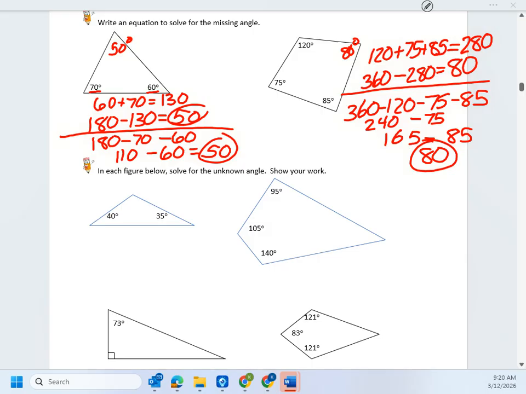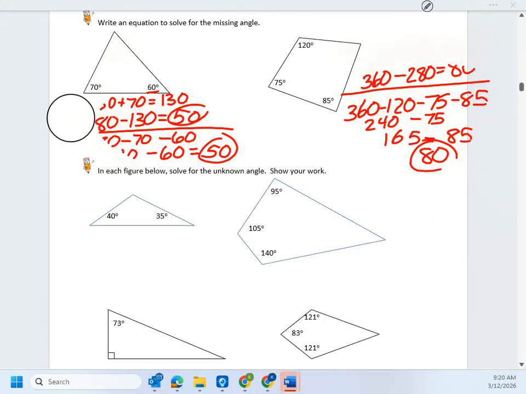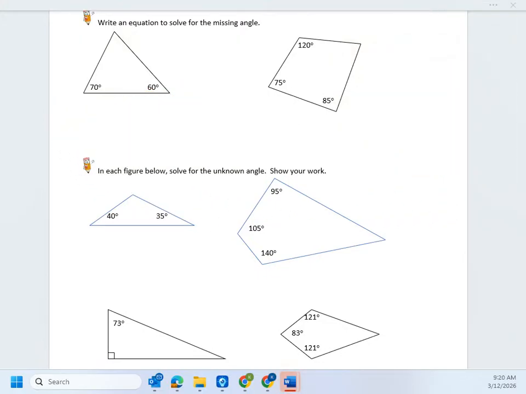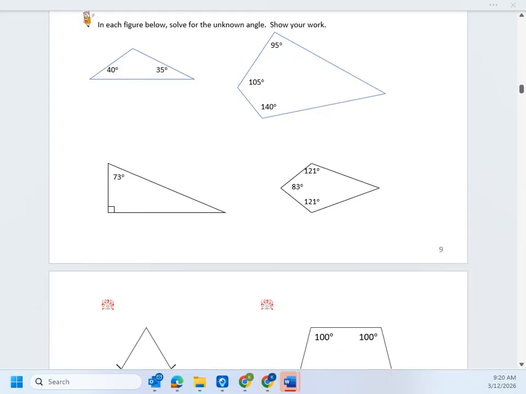So, let me scroll up. In each figure below, we're going to solve for the unknown angle. And you have to show your work. So you have to write down which way you're doing it. Okay, you don't have to go through, okay, 180 minus 40 is 100.